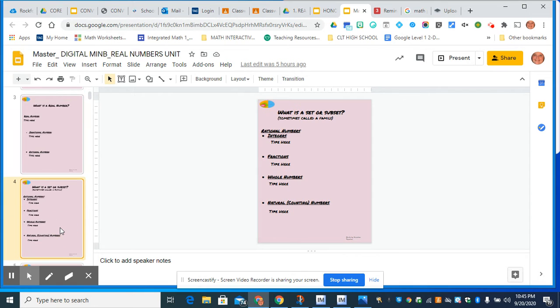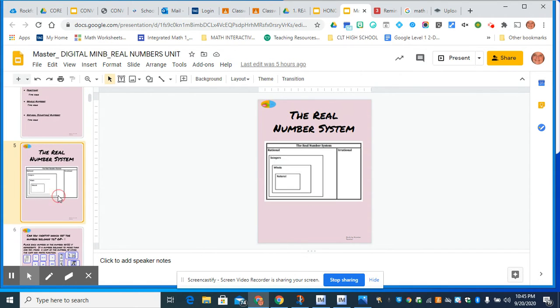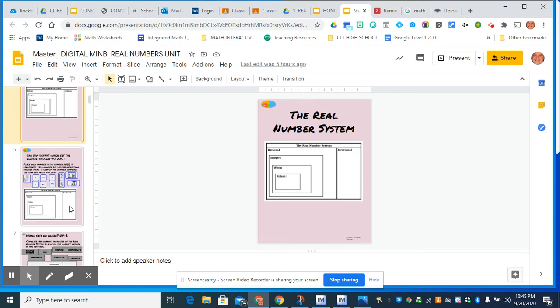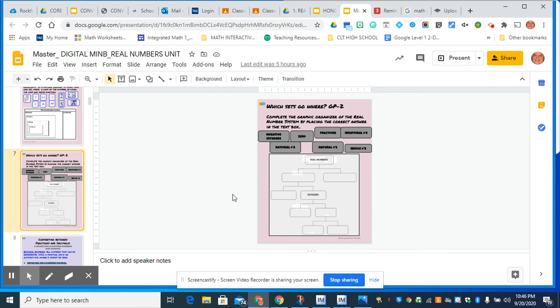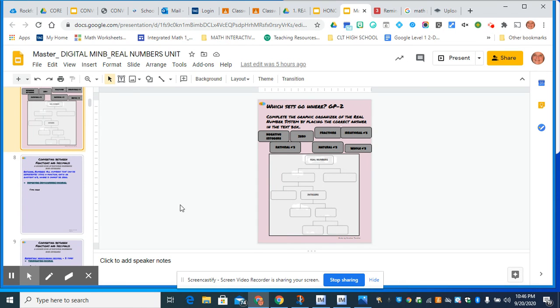Slide 4. And I gave you information about this page as well. And on this page is kind of like a graphical representation of that. So if you want to, you may want to go put examples in there. Based on this page, 6, you have to decide where these numbers go. And what you want to do is to go the furthest in that you can. The next page, there's just that same graphical representation, but organized in a different manner. So you tell me, where do the pieces go? And that is real number systems.